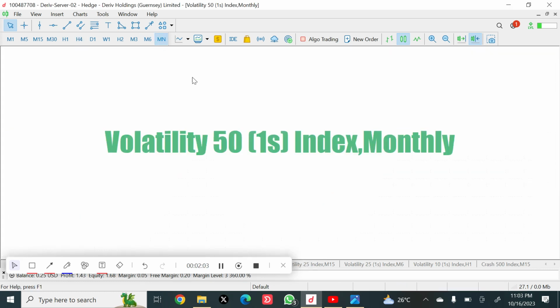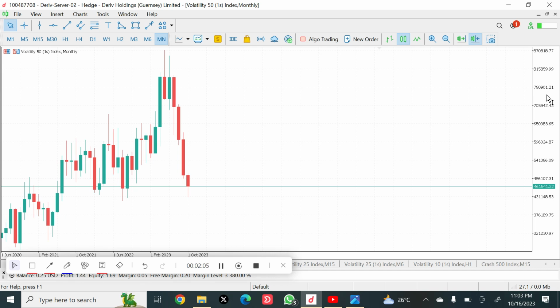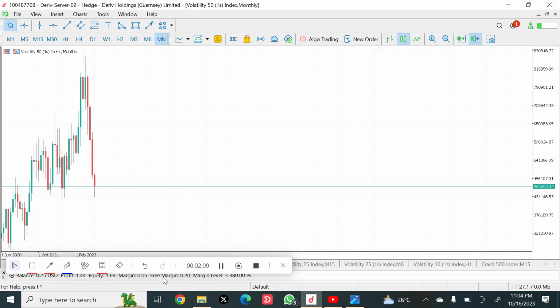Okay, so going down to our monthly time frame, which is our highest time frame, we want to know in which direction this market is trading. And actually, we can see that the market had been in an uptrend where it gave us the high, the low, the higher high, the higher lows, and then a higher high.